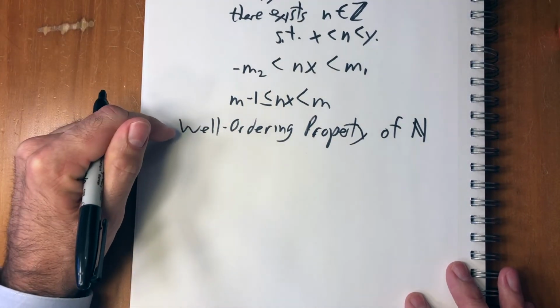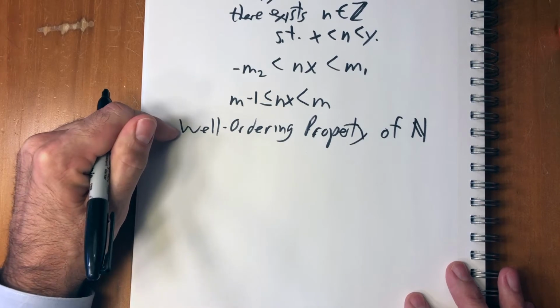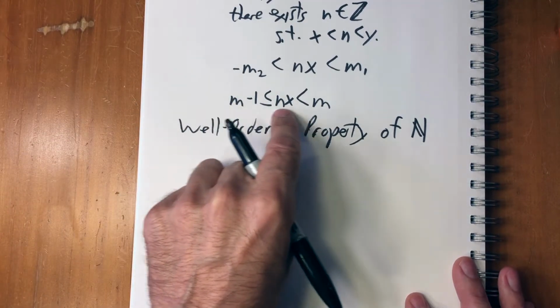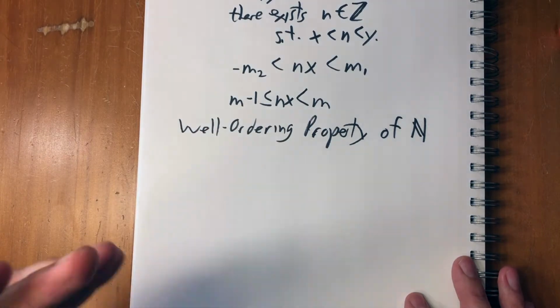And yet, what I just said, that every subset of natural numbers has a minimal element, sounds very far from this, right? So that's what we're going to do today.